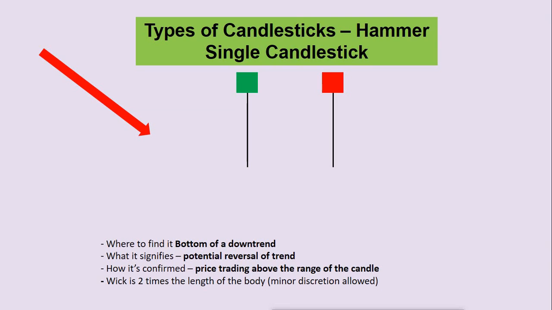How is this confirmed? It's confirmed when you see the price moving above the price of the hammer. So in other words, if this was a daily candle and it closes as a green hammer, and the next day price starts trading above the price of this hammer, then you can consider that as confirmation that the downtrend has ended and the share is now entering an uptrend.